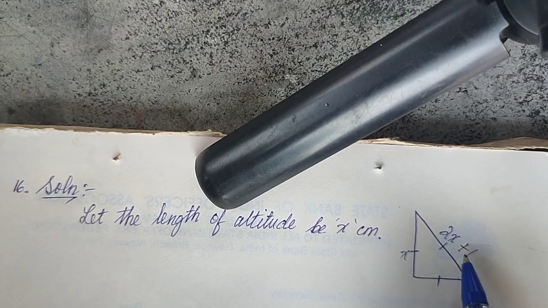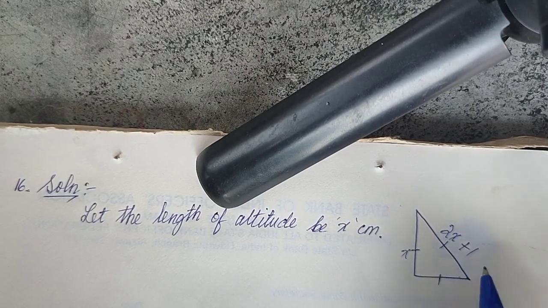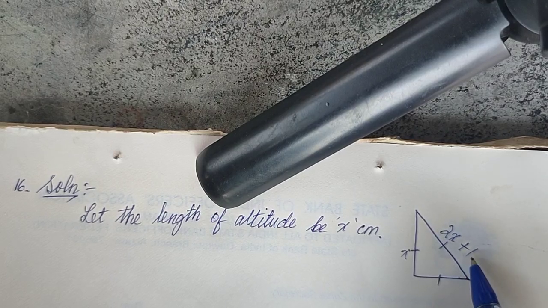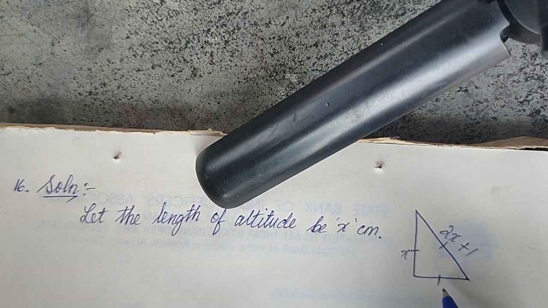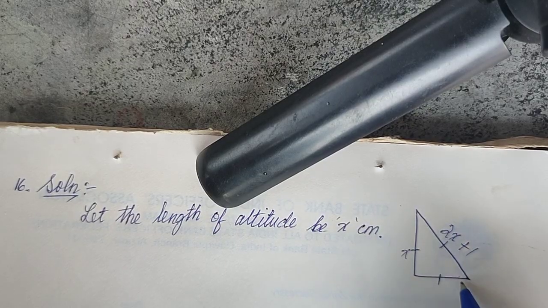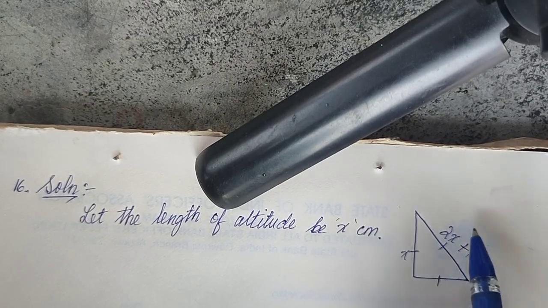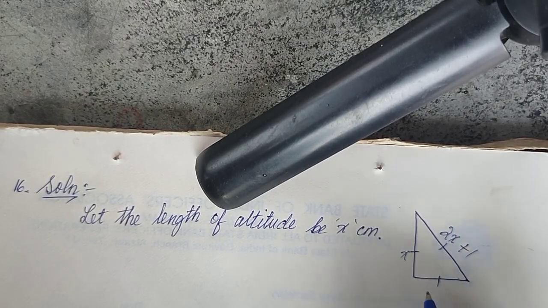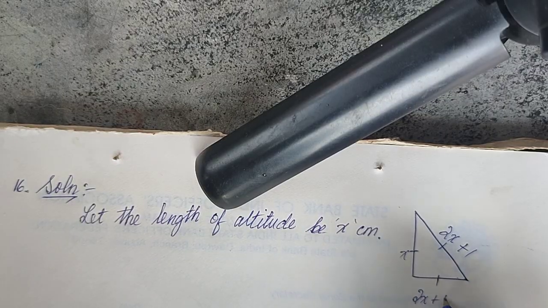The length of the hypotenuse exceeds the length of the base by 2 centimeter, so the base is 2x plus 1 minus 2.